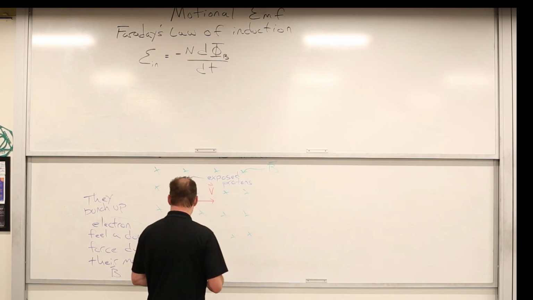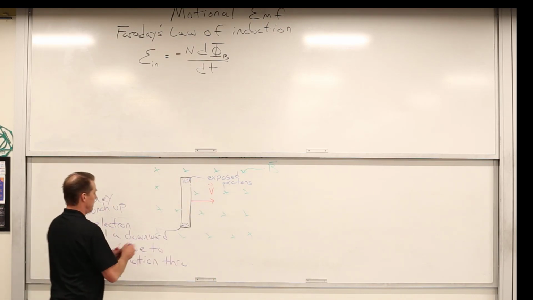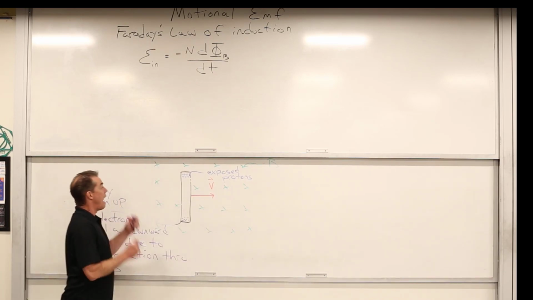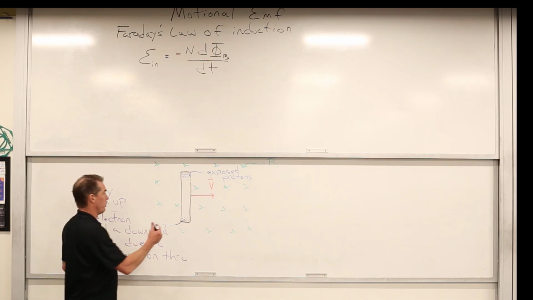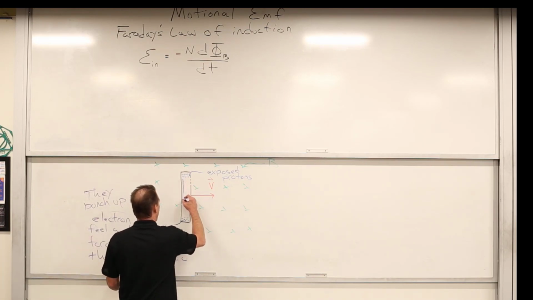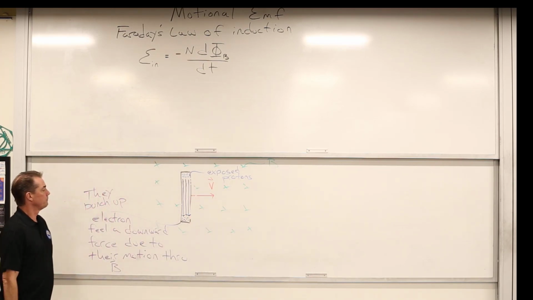We're running out of colors here, but that's okay. We can go ahead and work with a different blue. And we will have an electric field that points away from the positive and down towards the negative. So within this bar we get this electric field as such.